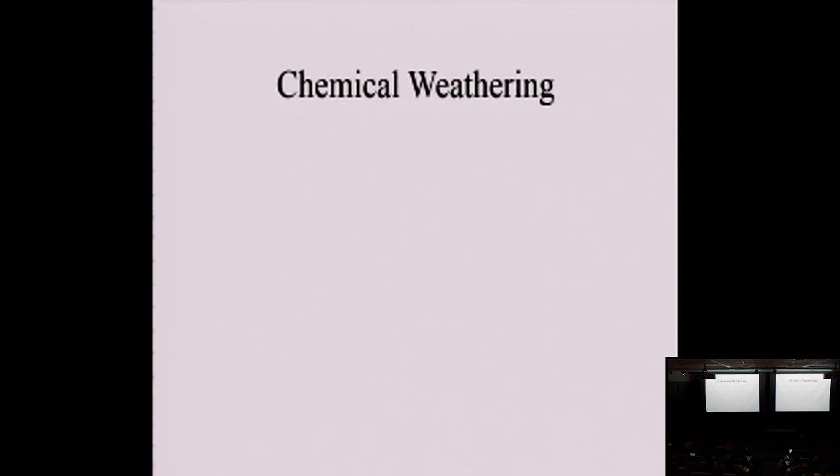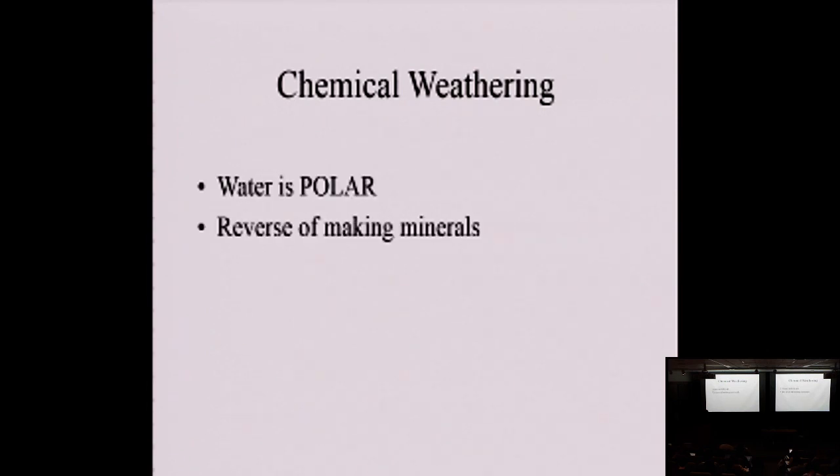And then you can change the mineralogy by weathering in a chemical fashion. Chemical weathering happens as a result of oxygen, oxidizing rocks. Water is the most powerful chemical weatherer, as we'll see when we talk about weather, violent weather.